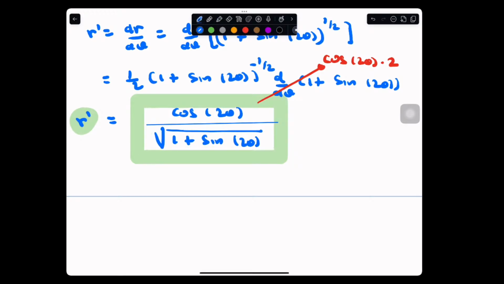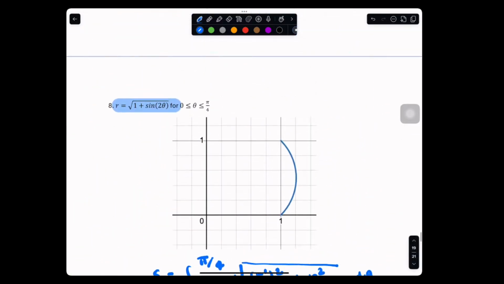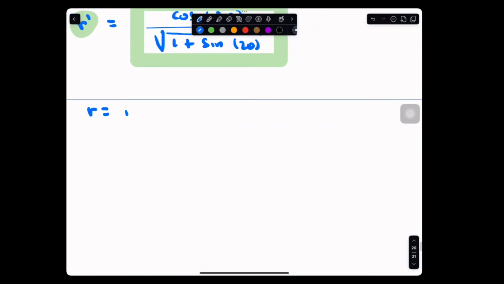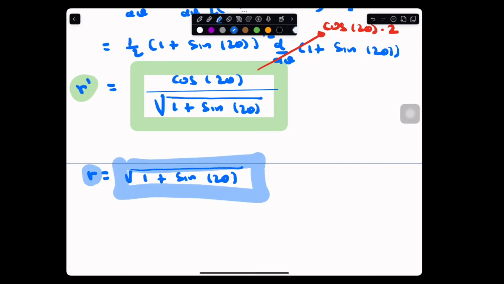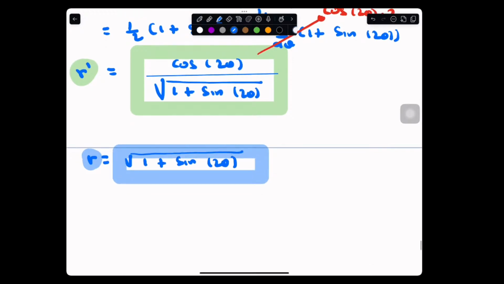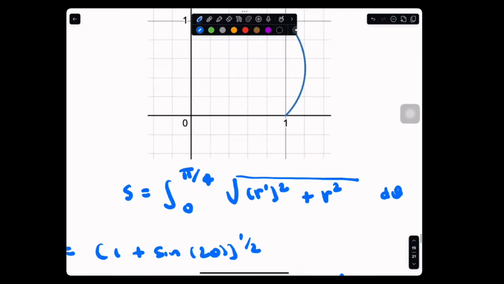So we're going to use this function here. Here's our r prime, and we're going to square this, but don't forget r here is the square root of 1 plus sine 2 theta. So r prime squared plus r squared, that's under the radical. We're going to find out what this is and put it under the radical.